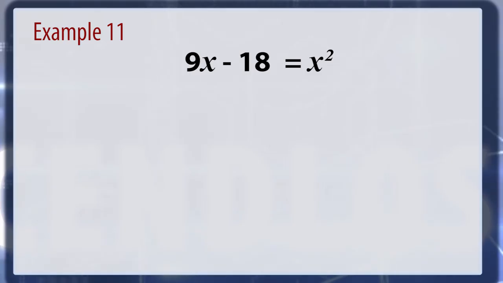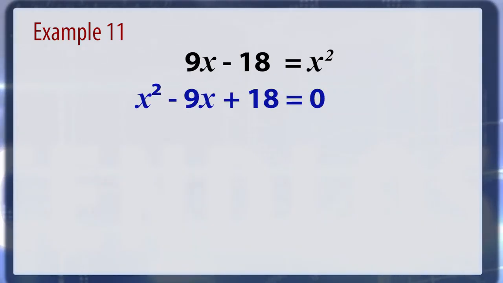Bring all the terms to one side, and you are getting x squared minus 9x plus 18 is equal to 0. Again, we have a quadratic equation. We need to factorize. Then we can find x.